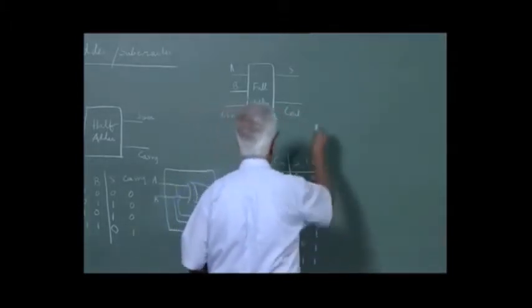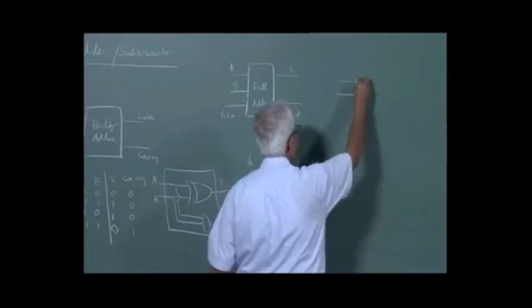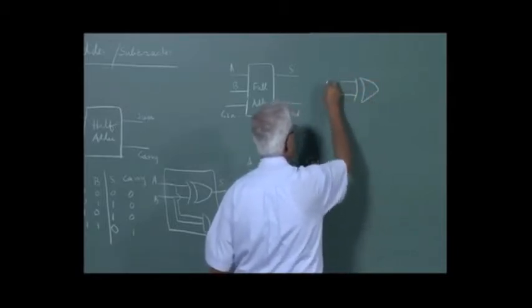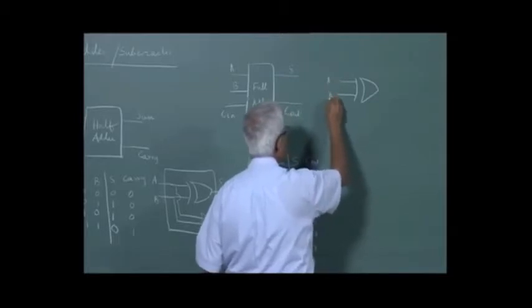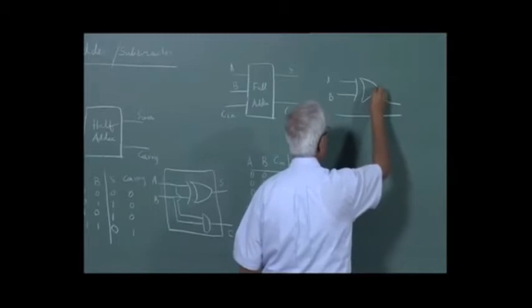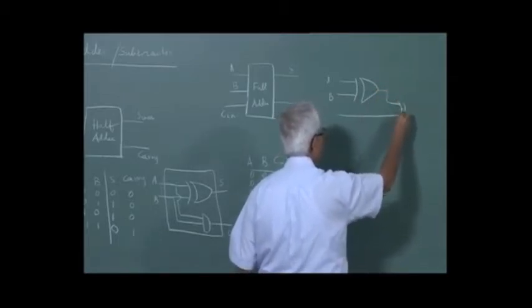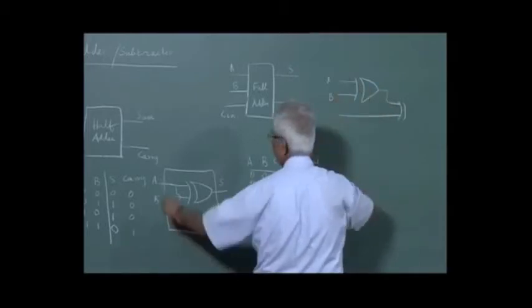This circuit will have one exclusive OR whose inputs are A and B, and another exclusive OR whose input is the half adder sum. A and B only gives you a half adder sum.